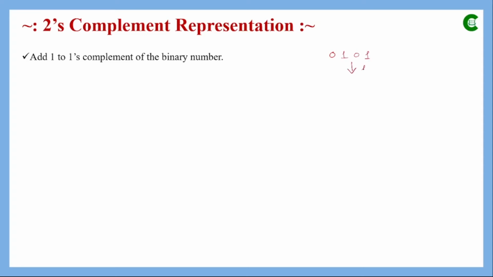First we find the 1's complement of that number, and that is 1010, and then the 2's complement. For that we add 1 to the 1's complement, so it will become 1101. So this is the 2's complement value of the given number.